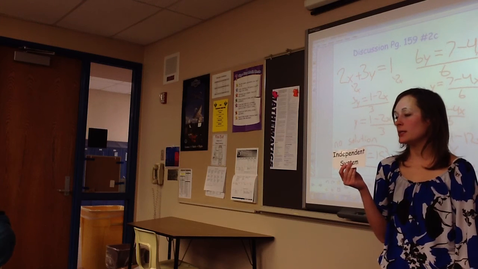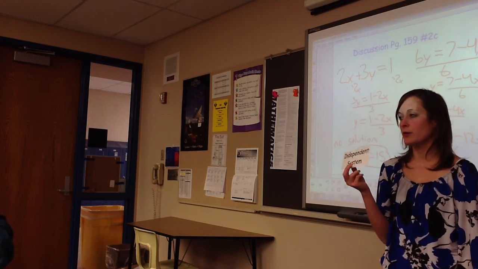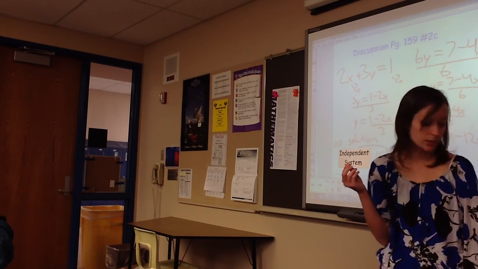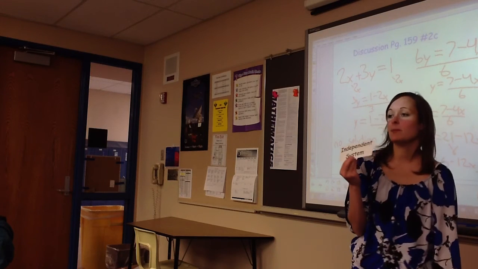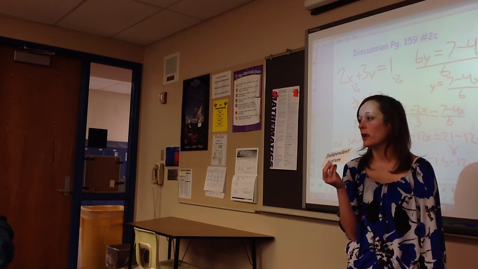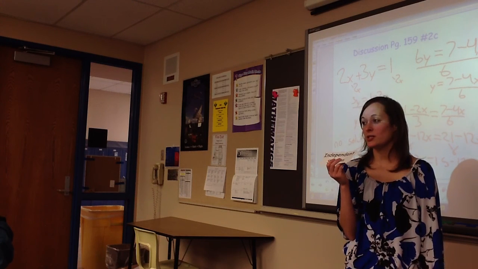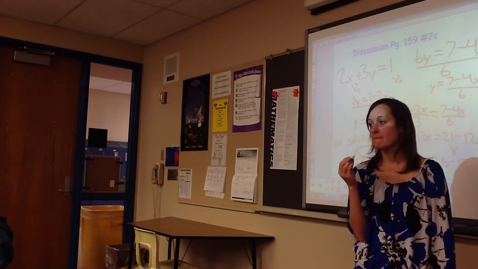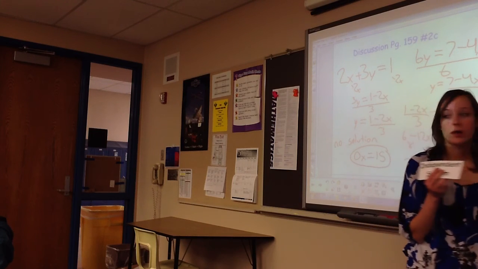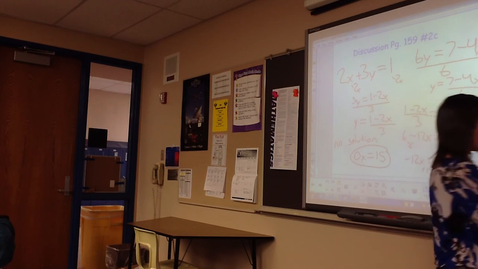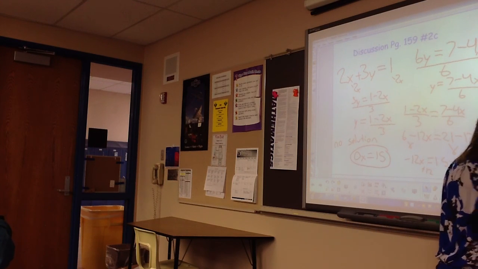So independent system is where you get an ordered pair for an answer, and they intersect once. There is a point of intersection. Questions? Independent system.